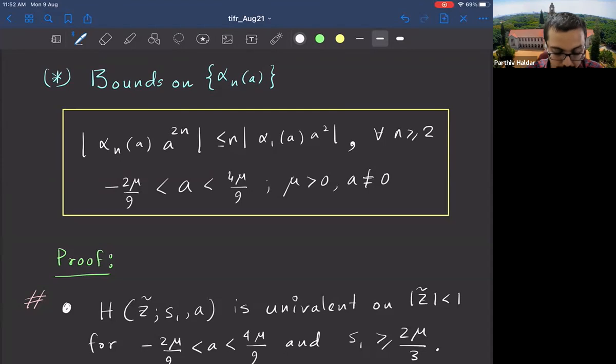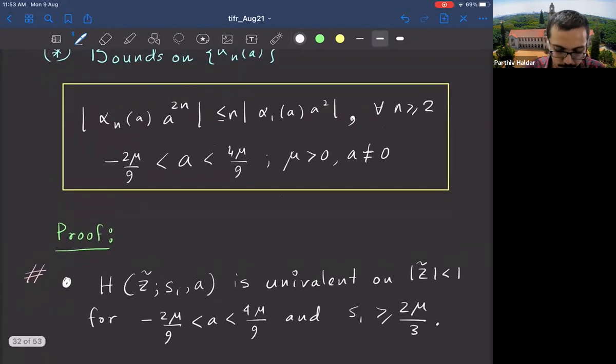Obviously we will see that you still get certain information about alpha 1, but all the other alpha n's are bounded with respect to alpha 1. So the ratio of alpha n by alpha 1, supplemented by a to the power 2n by a square, is bounded by n. Again, for this value of a, for which we are going to.